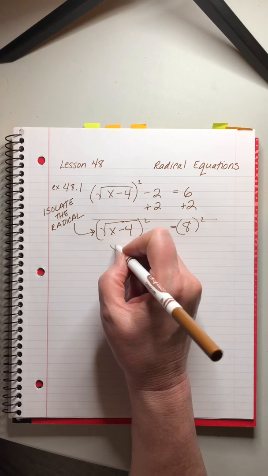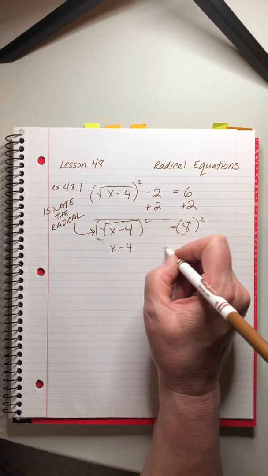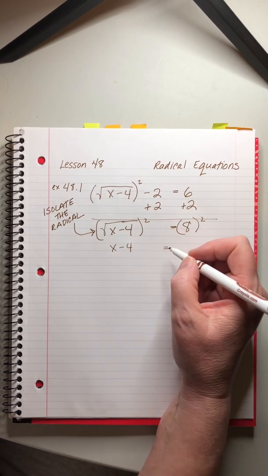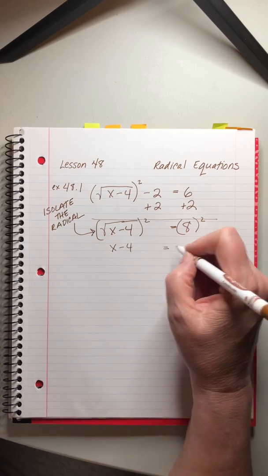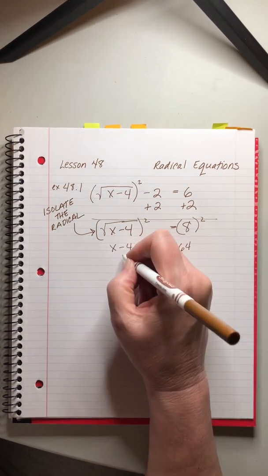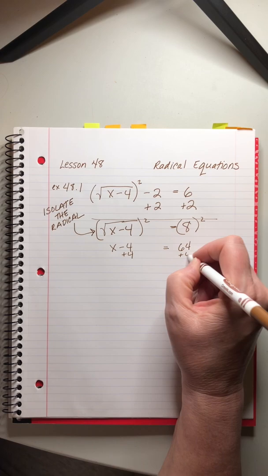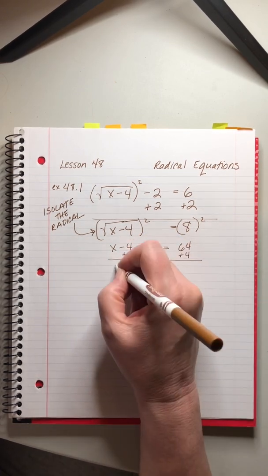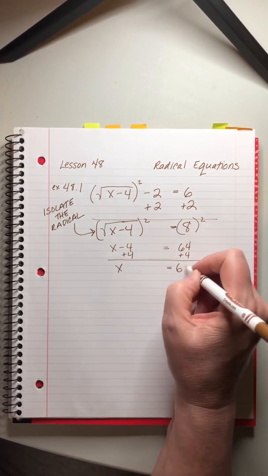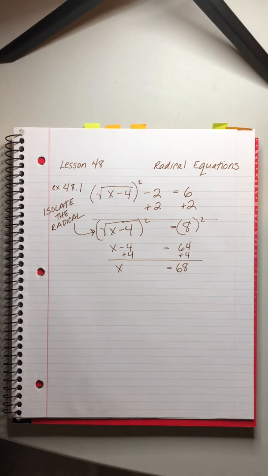And I get x minus 4 equals 64. Add 4. And we get x equals 68. All right. That's pretty cool. And it's right.